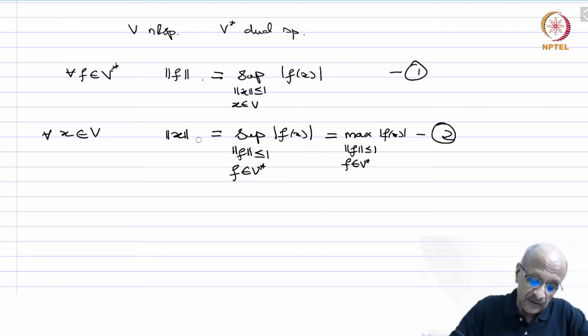It says that in the first one the supremum need not be attained, whereas in the second one the supremum is always attained and therefore it is a maximum. This is the starting point of a very interesting concept in functional analysis. This is called reflexivity.